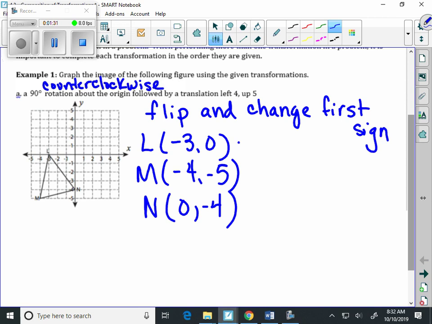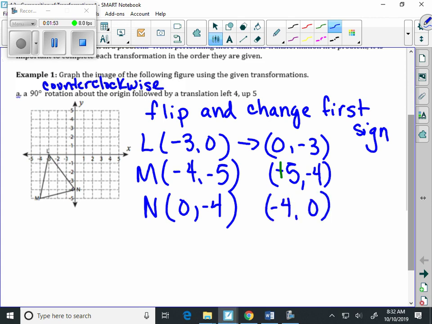So this is going to become 0, -3, but 0 doesn't have a sign, so we don't have to change anything. Second one, M, -5, -4, change the sign of the first. Flip, it becomes 5, -4. N becomes 4, 0, changing the sign of the first. And that's our first transformation, which we're going to graph.